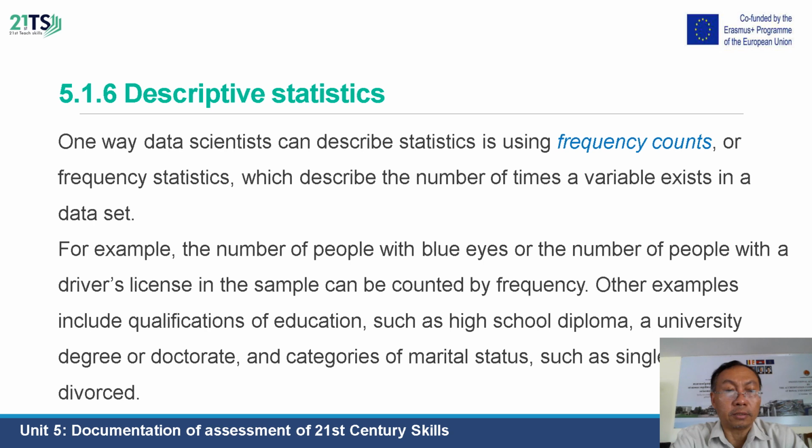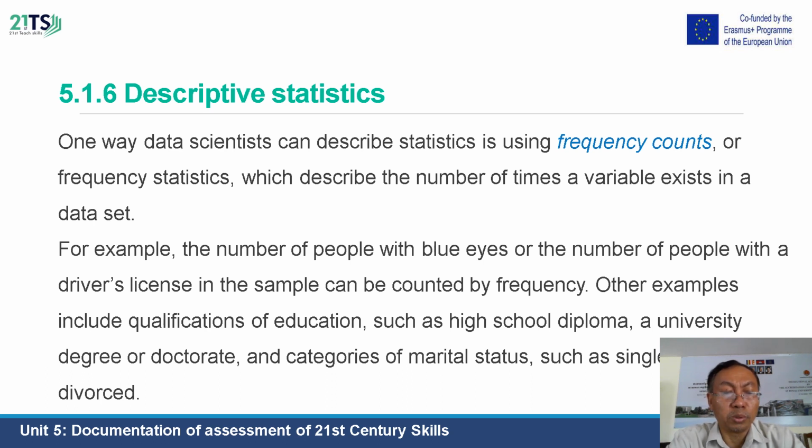Descriptive statistics. One way data scientists can describe statistics is using frequency counts or frequency statistics, which describe the number of times a variable exists in a data set. For example, the number of people with blue eyes or the number of people with a driver license in the sample can be counted by frequency.